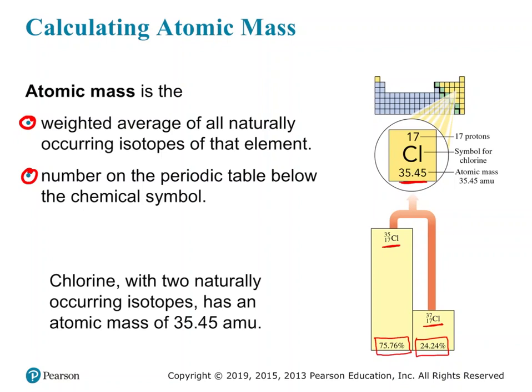All right, so on the periodic table, we can see that the atomic mass is 35.45 AMU, or atomic mass units. And that makes sense because the more abundant isotope is chlorine 35, so the atomic mass is a little closer to 35. But how do we actually calculate that atomic mass?